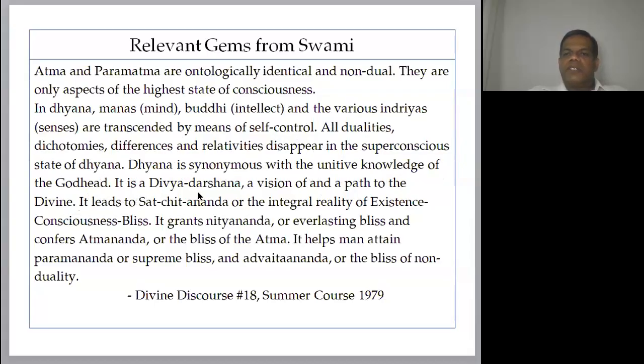It is a divya darshana, a vision of and a path to the divine. It leads to Satchidananda, or the integral reality of existence, consciousness, and bliss. It grants Nityananda, or everlasting bliss, and confers Atmananda, or the bliss of the Atma. It helps man sustain Paramananda, or supreme bliss, the Advaitananda, or bliss of non-duality.